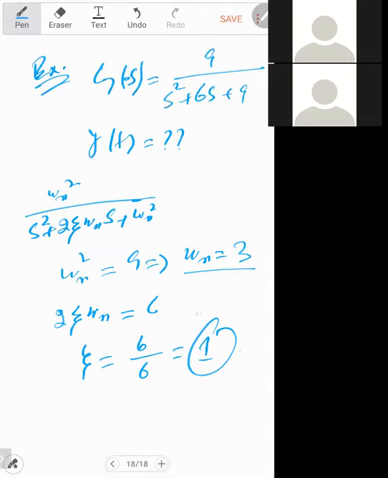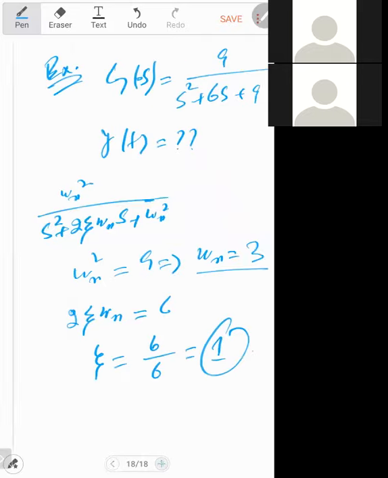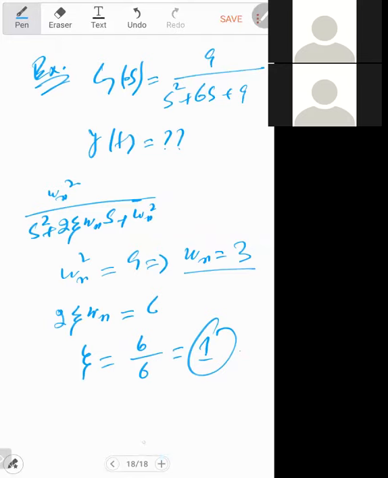So in the critically damped case, we have to use this expression, equation A, and we have to find the solution. So the solution is straightforward: 1 minus (1 plus omega n t), we already know omega n is 3, and then we have e raised to power minus 3t. So you see that it was that much easy if we know the general expression for the over-damped case as well as the critically damped case.